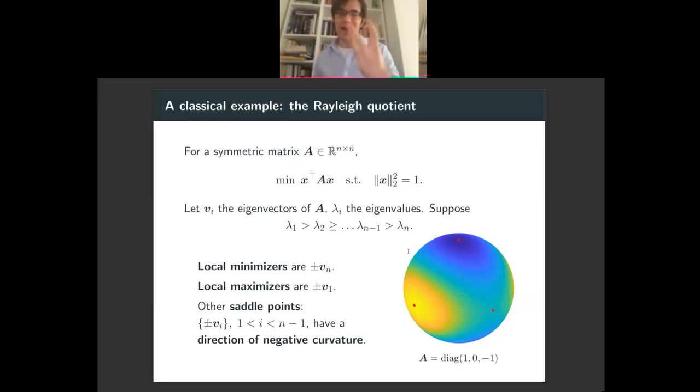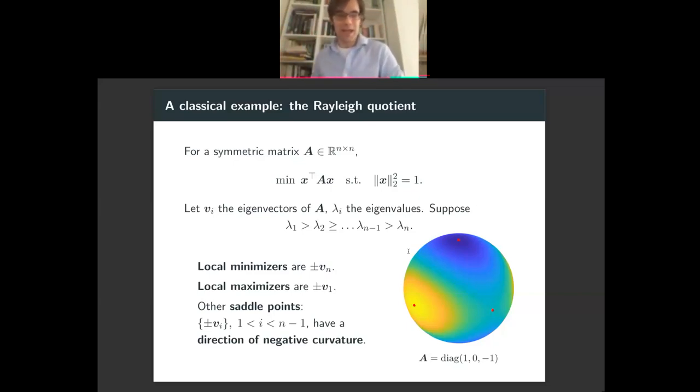If you have the right notion of a gradient over the sphere, a Hessian over the sphere, then you can investigate. And what you'll find is that the only local minimizer for this problem is the eigenvector that corresponds to the smallest eigenvalue. Well, and of course, that comes as itself and it's negative.